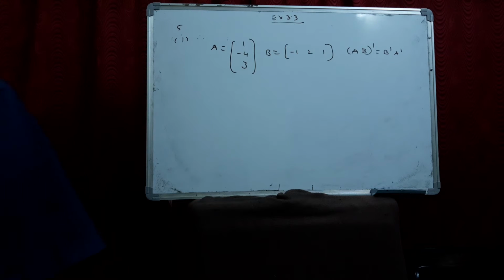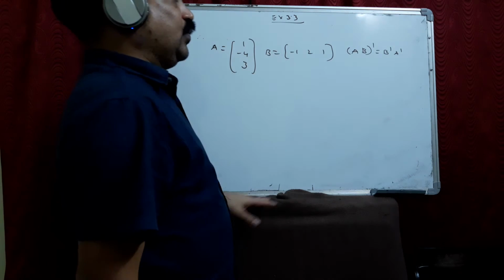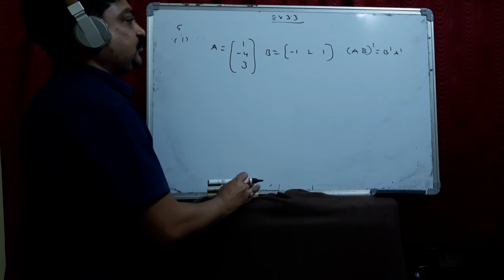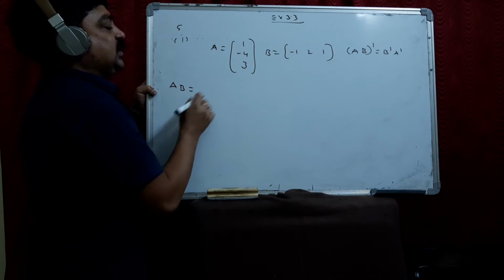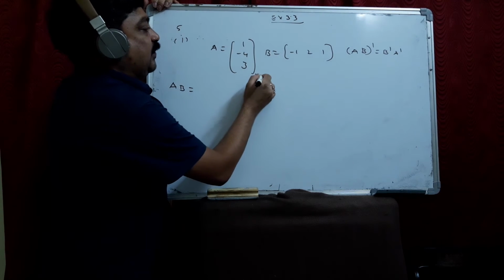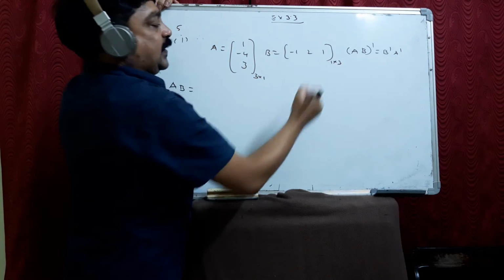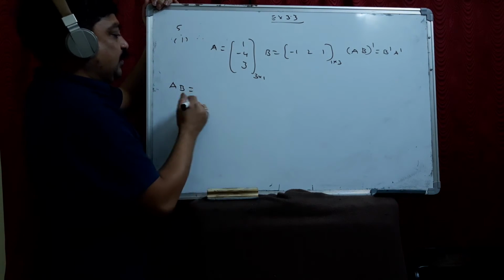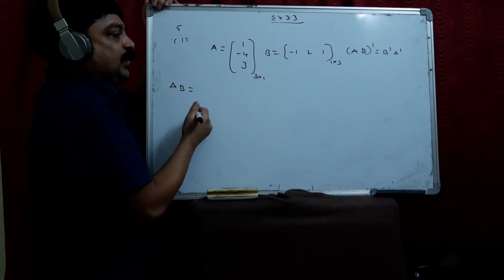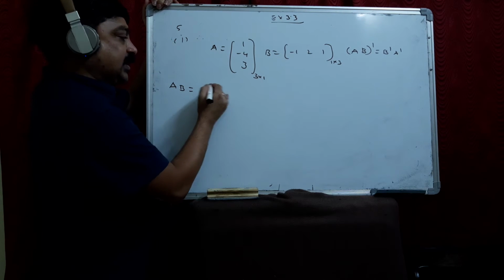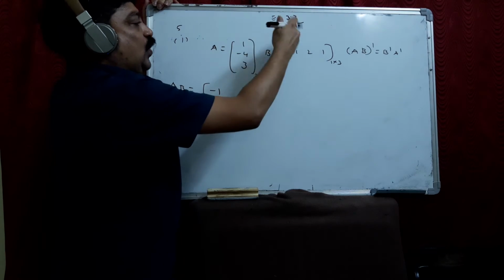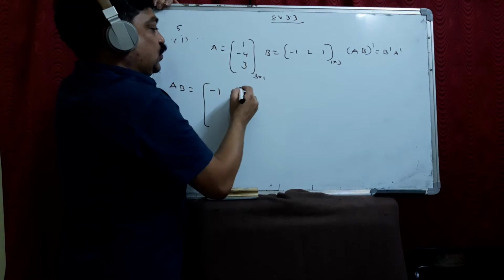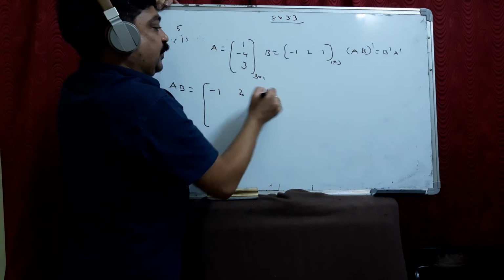See, in the fifth question, you are given matrices like this and we are asked to verify this. Okay, let us see. First LHS, for LHS we need to multiply AB. See, this is a 3 by 1 matrix and this is a 1 by 3 matrix. When you multiply A and B, 3 by 1 and 1 by 3, you will get a 3 by 3 matrix. Let us multiply. Row and column: 1 into minus 1, next 1 into 2, 1 into 1.